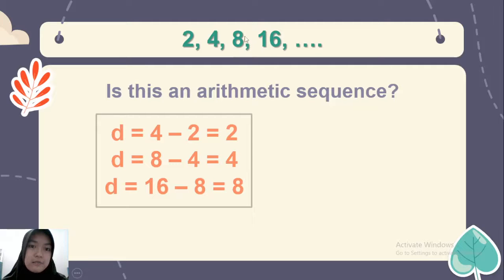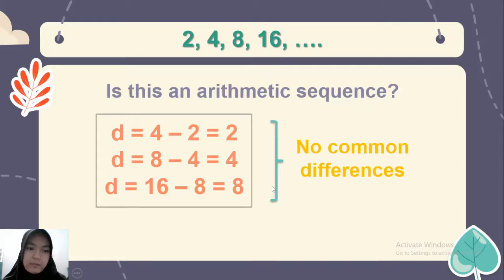The third term minus the second term, which is 8 minus 4, is 4. And the fourth term minus the third term, which is 16 minus 8, is 8. Obviously, it doesn't have a common difference. Therefore, it is not an arithmetic sequence.